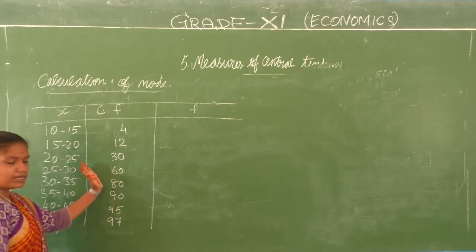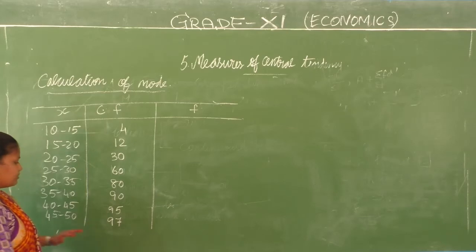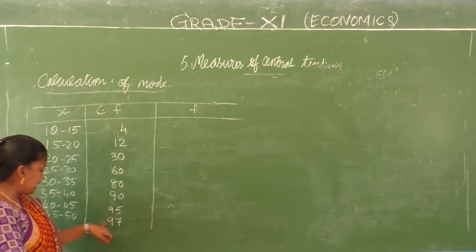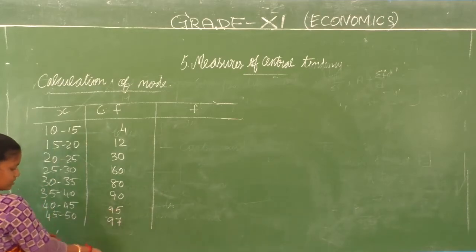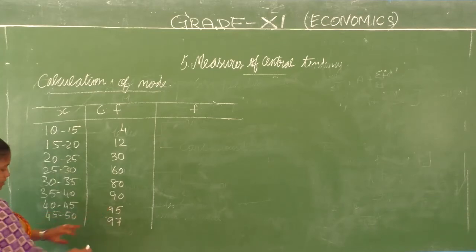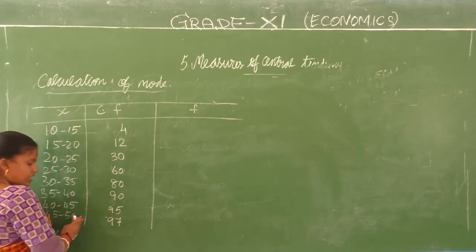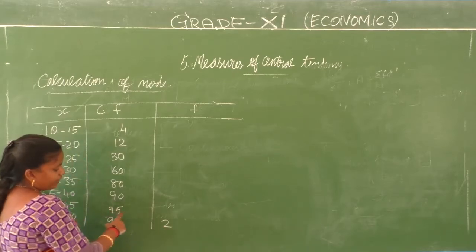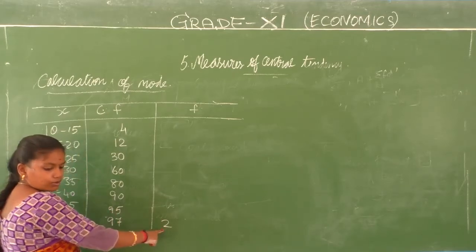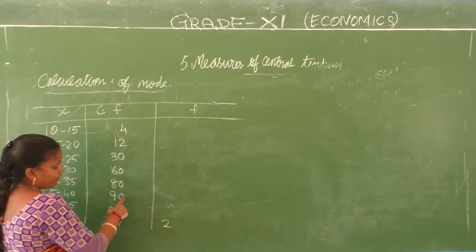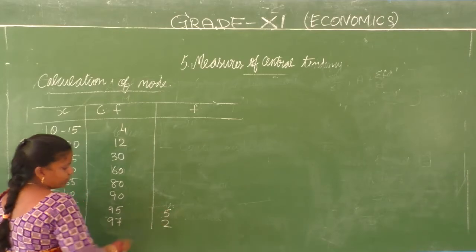Now we are going to do reverse subtraction. What are we going to do, children? So the cumulative frequency of the entire value is 97. This is the last value, so this is down. 97 minus 95. Okay? So the 45 to 50 class is 2. 95 minus 90, 5.